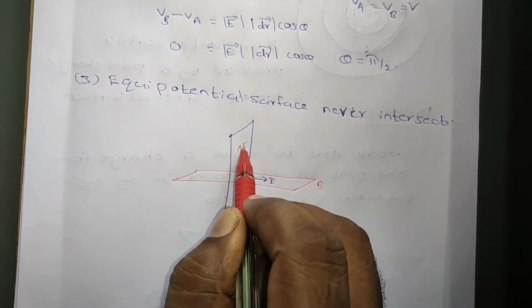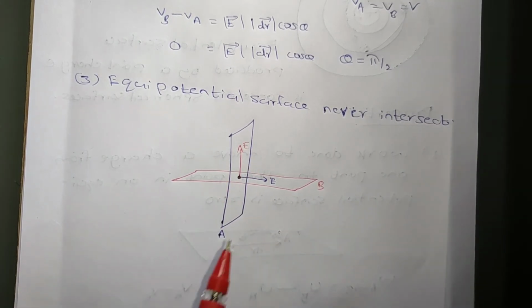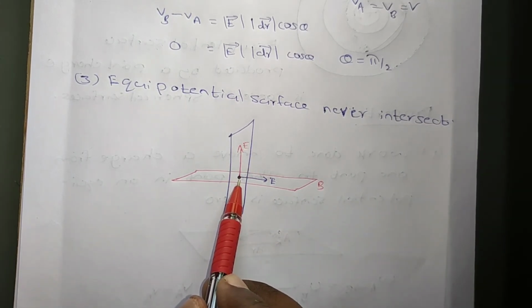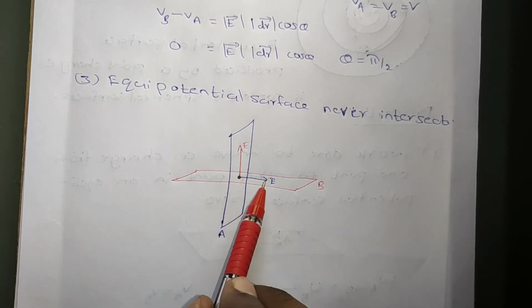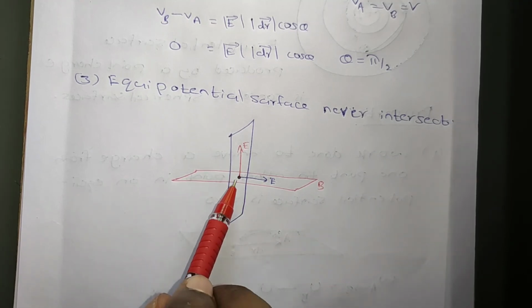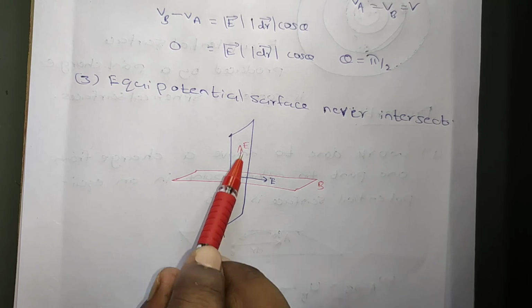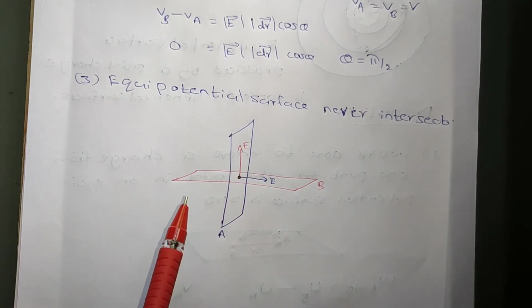From this you can see that at a single point there are two directions of electric field. It is not possible for the electric field at a point to have two directions; it has a single direction. So it is not possible for two equipotential surfaces to intersect.